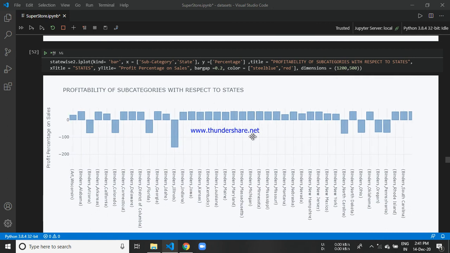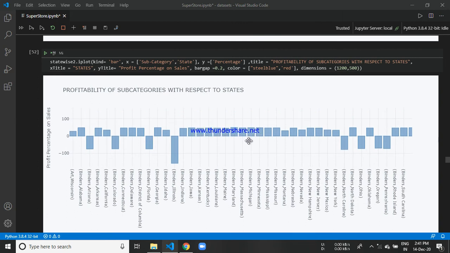Binders are good in all these regions, these states. So you can apply your statistics, whatever the company's analysis is. You can have more sales in this region rather than this region.